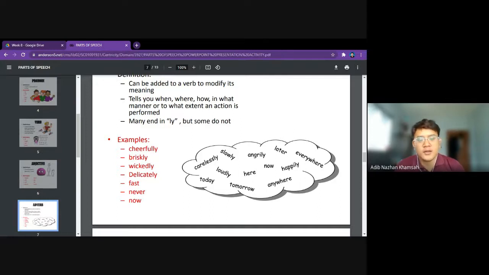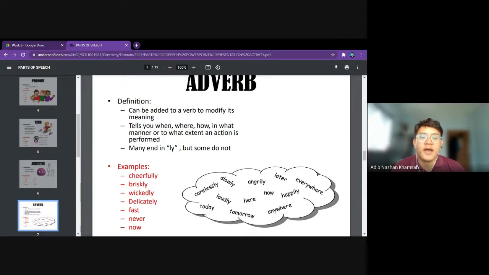Tapi kita nak tahu dia ketawa macam mana. So, she laughed wickedly. Gelak yang jahat tu, wickedly. Okay, gelak yang macam apa, ahli sihir tu. Okay, like a witch. So, we say that Siti is laughing wickedly. So, the word wickedly is actually, sorry, it's adverb. Okay, because it modifies the meaning of the verb.